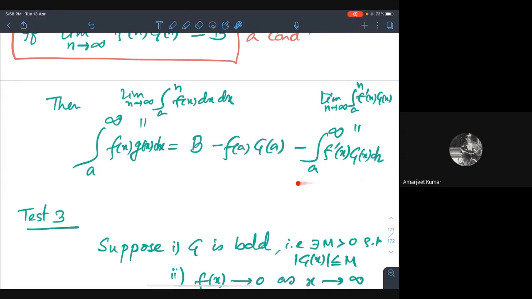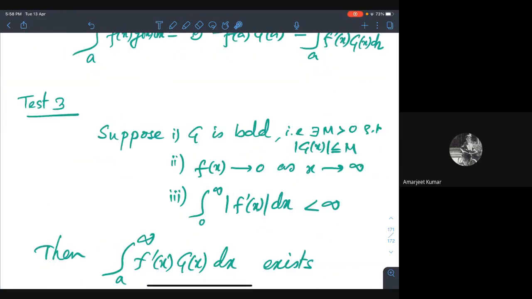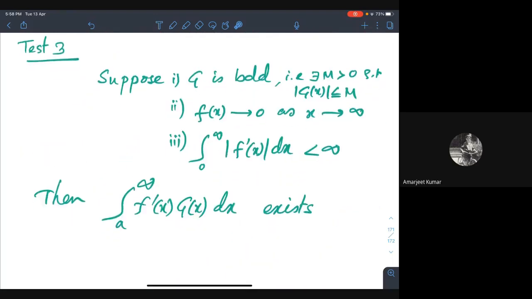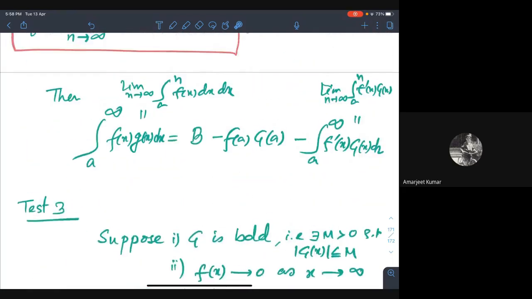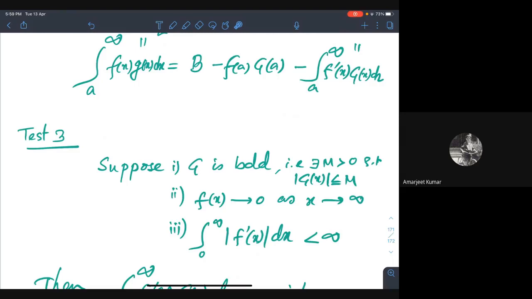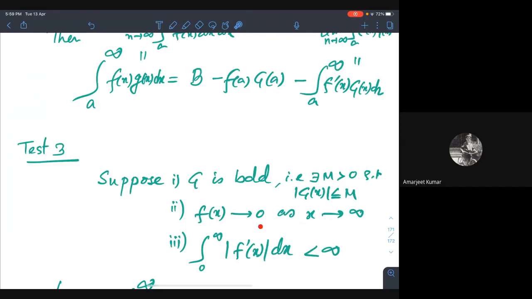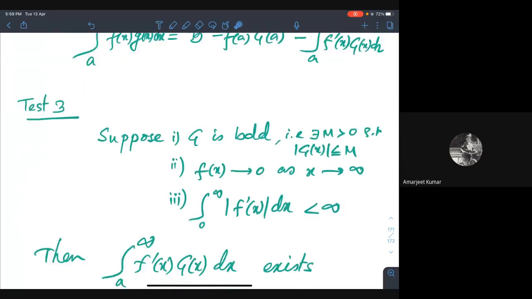We gave a test where this exists, and that will give you that this part exists. So you see G is bounded, so you take the modulus less than or equal to M here, and the f' integral is finite since it converges absolutely. That gives you the existence of this one.